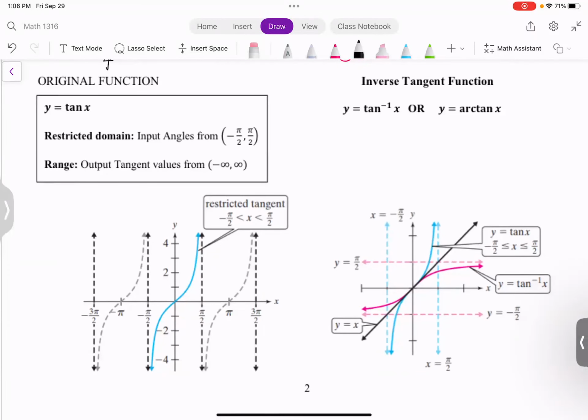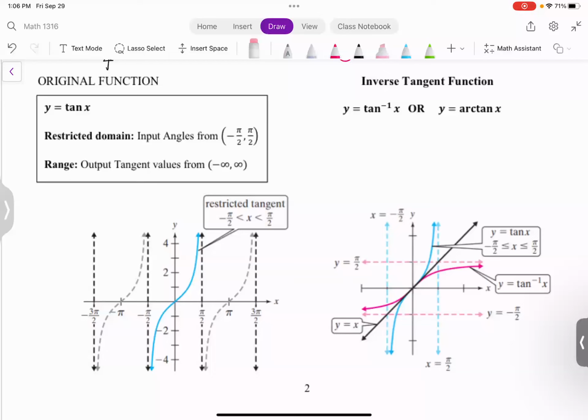For the tangent function, can I say tangent is one-to-one function? No, because I have a lot of graphs. So I draw a horizontal line, I have so many intercepts. That means I need to make the specific interval for my angle.